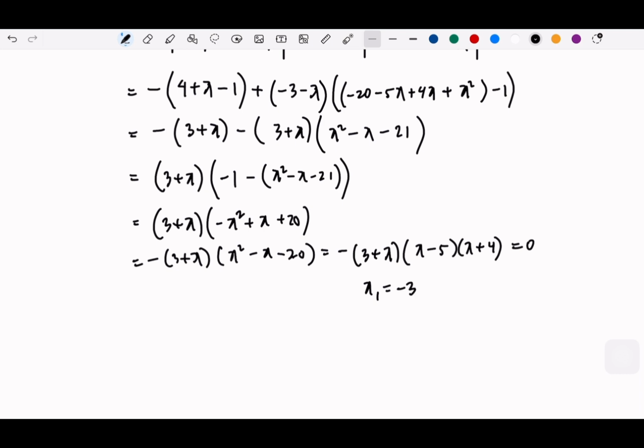Don't forget I have a negative sign outside that you need to multiply. So lambda 2 will be -4, and lambda 3 is 5, right?